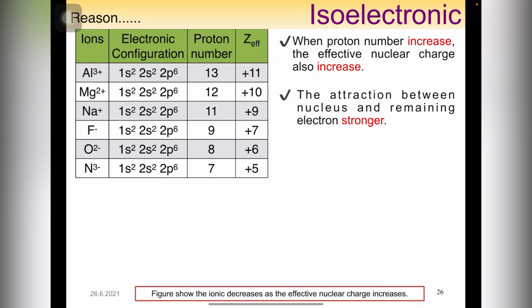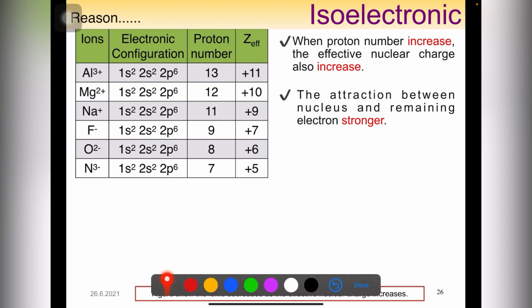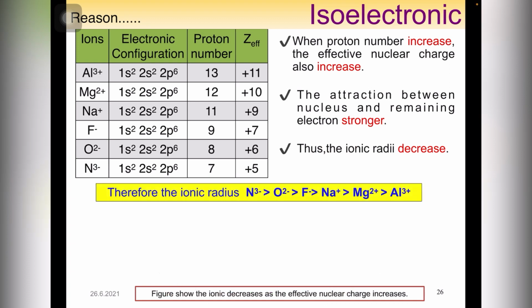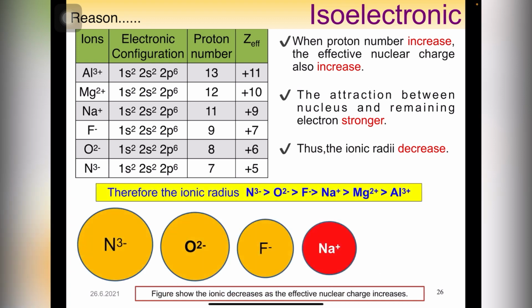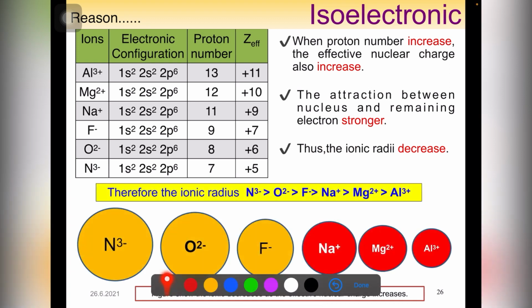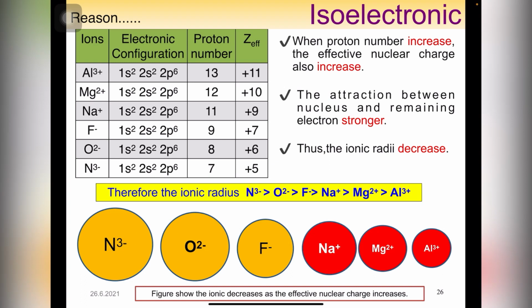The attractions become stronger when electrons are removed. So that's why the ionic radii decrease. Therefore, if we compare between an anion and a cation, an anion is always larger than a cation.